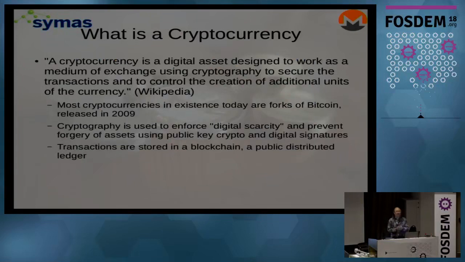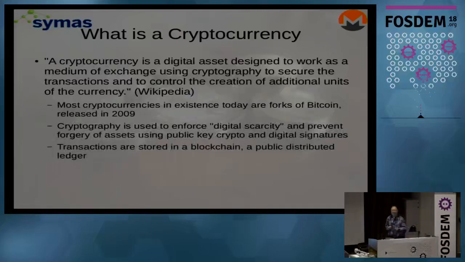So what are cryptocurrencies in general? Obviously, they're an attempt to create a digital form of money. Most of the cryptocurrencies that exist today are forks of the Bitcoin code that was released in 2009. Normally, when we talk about things in the digital realm, they're very easy to copy.